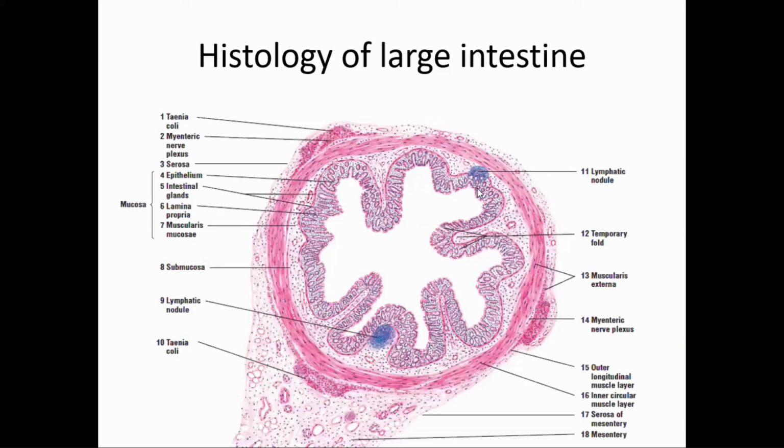The lining epithelium of the GIT is simple columnar epithelium. But in the large intestine, in between the columnar epithelium, there are goblet cells, whose function is to secrete mucus, which helps in the movement of the contents or the fecal materials.